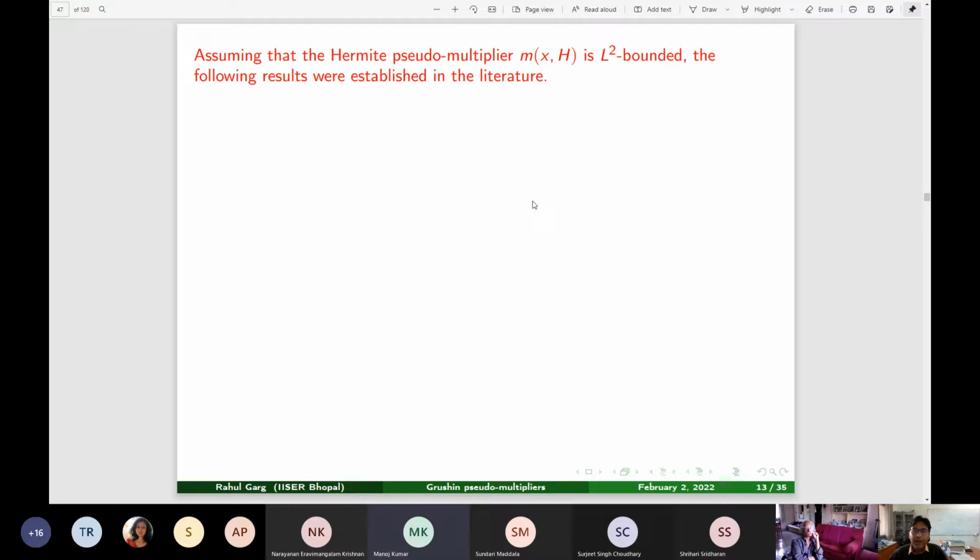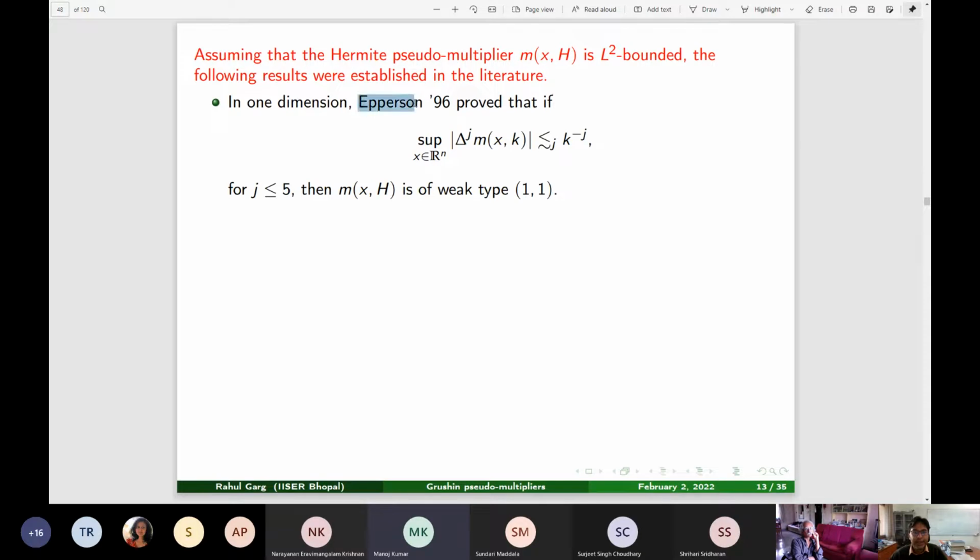Now, the early work on Hermite pseudo-multipliers, the first work that I am aware of, is from 1996. He worked only in dimension 1, on R. He assumed L2 boundedness, and then took a decay condition of Mikhlin-Hörmander type with up to 5 derivatives, and he proved that this operator would be weak type 1-1.